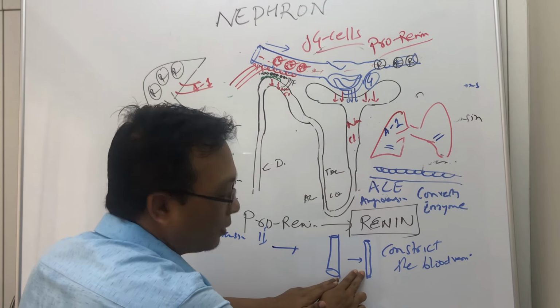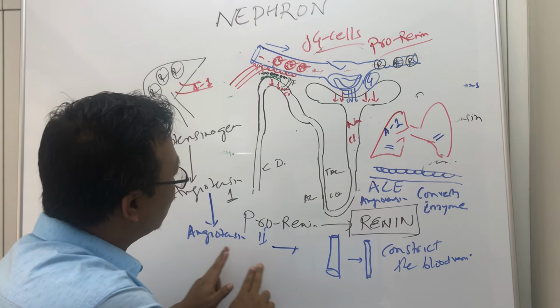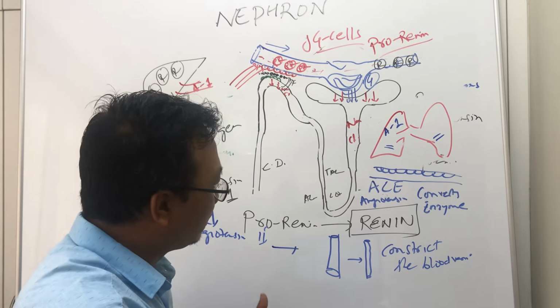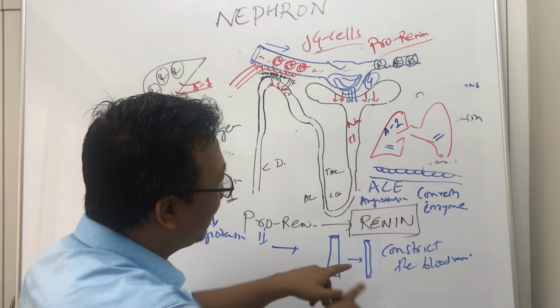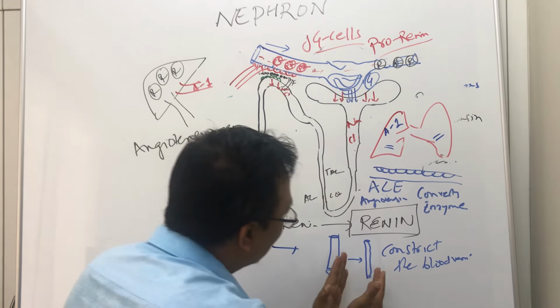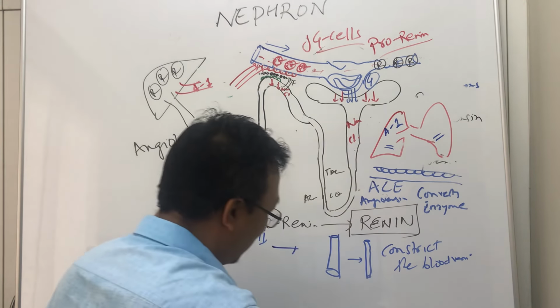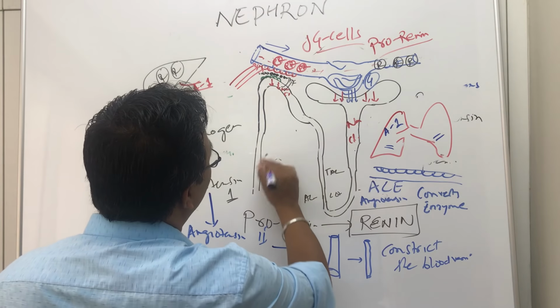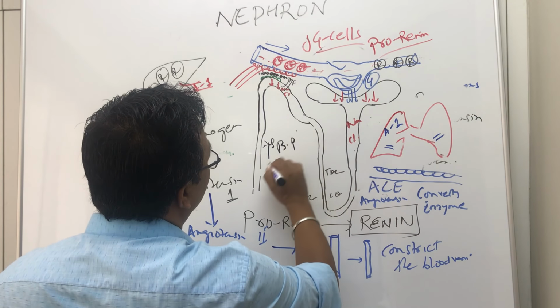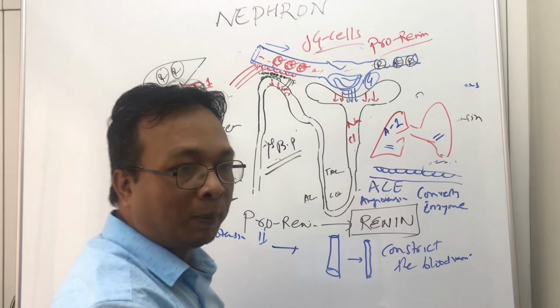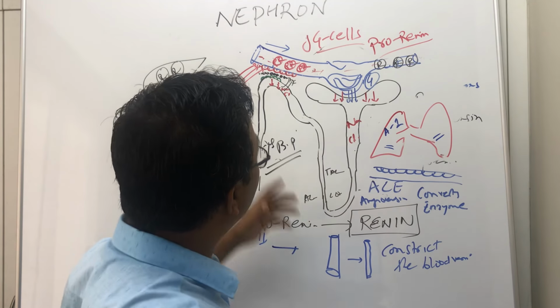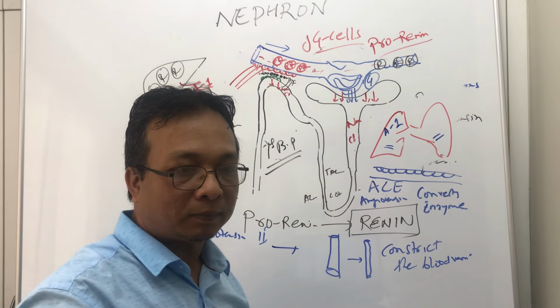The same thing happens. When angiotensin 2 is formed in the lungs, it goes into the blood and constricts the blood vessels. What will happen when the blood vessel is constricted? It will ultimately raise the blood pressure. So the blood pressure is raised because of the renin-angiotensin mechanism.